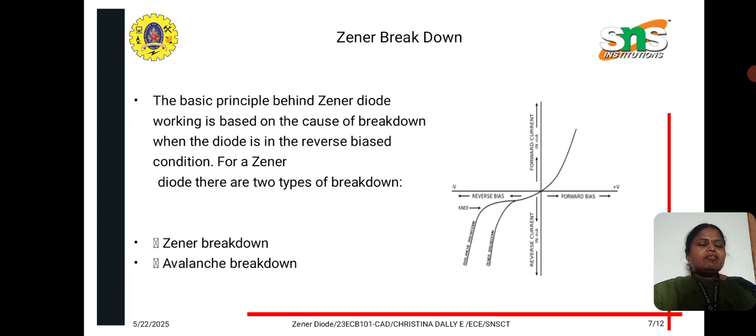The Zener breakdown will always occur when the voltage is less than 5.6 volts. In the avalanche breakdown, if the voltage exceeds 5.6 volts, the avalanche breakdown occurs.